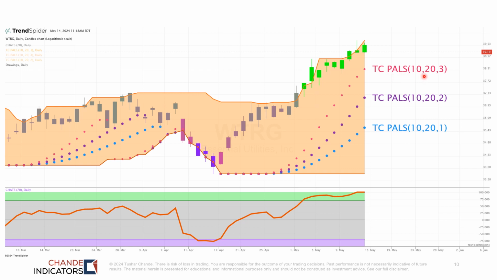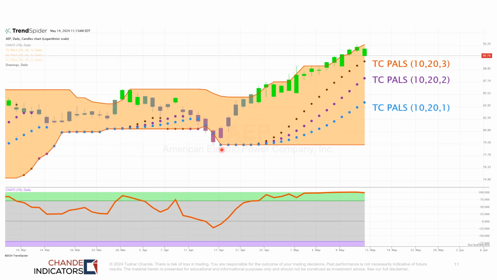The values are 10, 20, and 1, 2, and 3, which means 10 is the opening channel, 20 is the reference starting point, and 1, 2, and 3 are nominal speeds, with 3 being faster. So if you look at the value of 1, it's moving quite slowly, 2 is moving a bit faster, and 3 is moving even faster. So you can select the speed to manage your risk and adjust your profits.